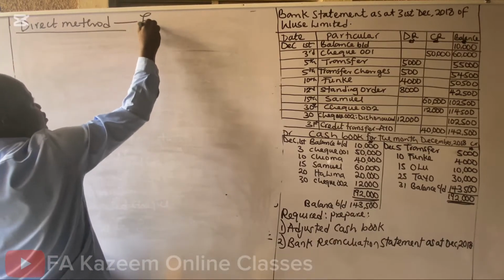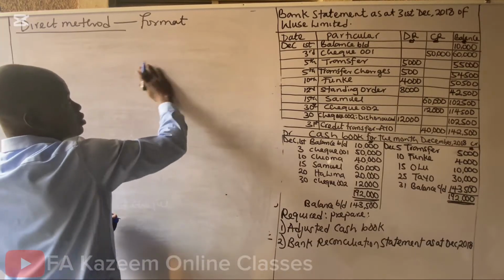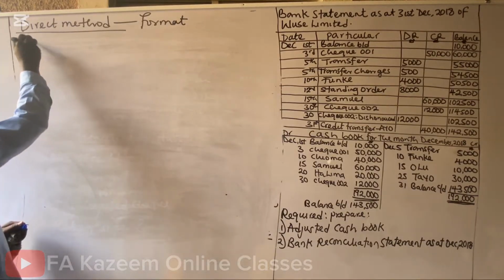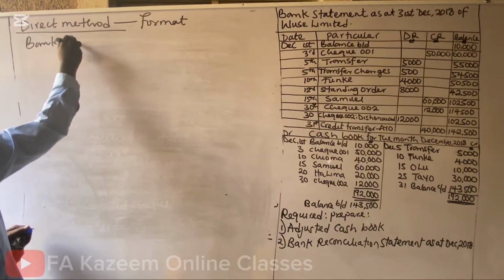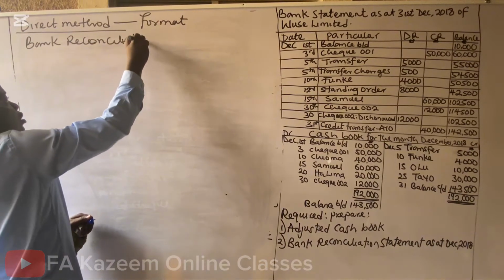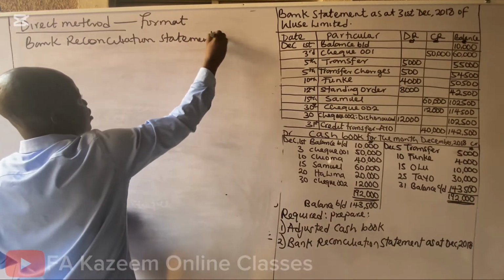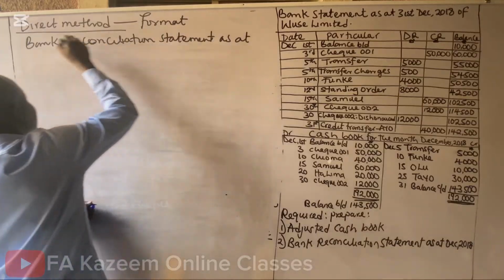Under the direct method, the format is bank reconciliation statement as at.